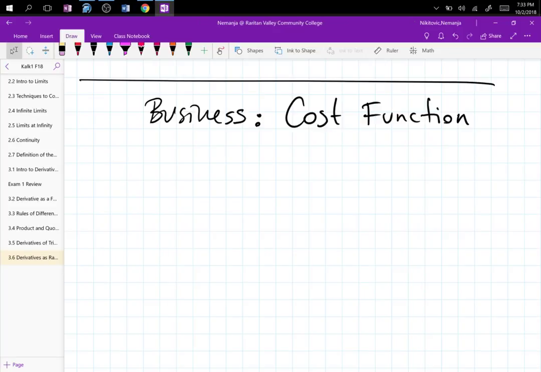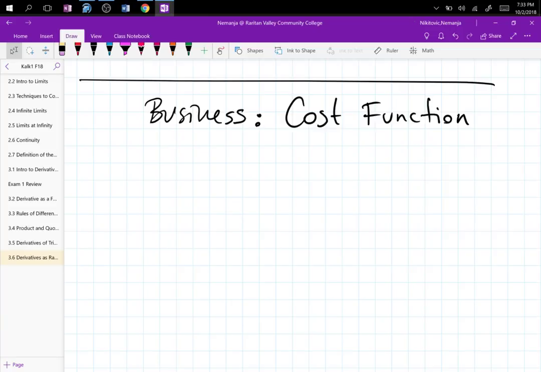Now for that you're going to take business classes, and you're going to learn about the variable cost and the fixed cost and how that all plays together. Here in this class we're going to play only with a cost function that is given. You don't have to come up with one. You will take business courses to figure out how to find the cost function.